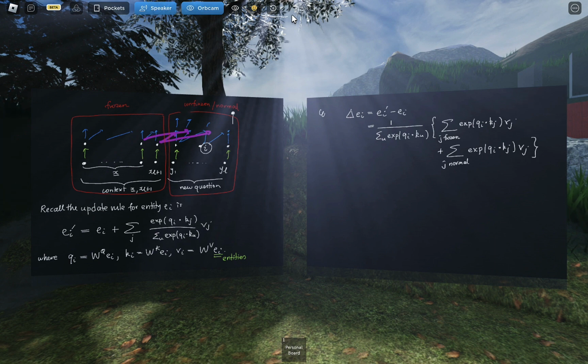And these are the purple lines. These are messages, the Vjs, received from frozen entities to update an unfrozen entity. And those are the ones we want to understand, because that's the difference between TW and TW with a context. I hope that's clear.